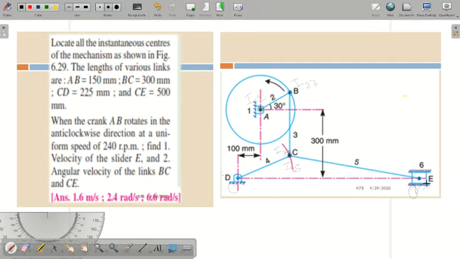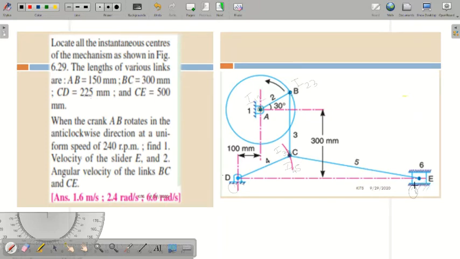The instantaneous center will be along this line. Just remember, piston is sliding on this line. So for the piston, center 1 6 may lie at any place.